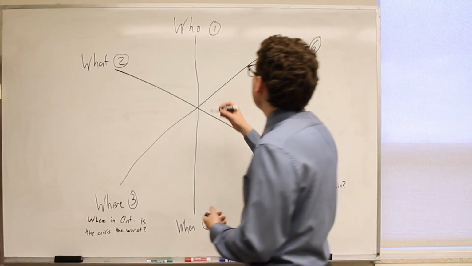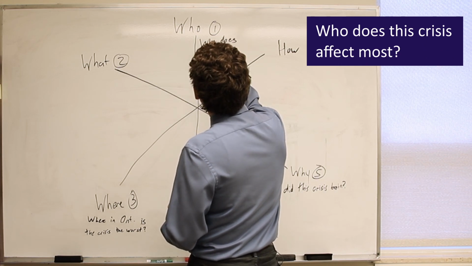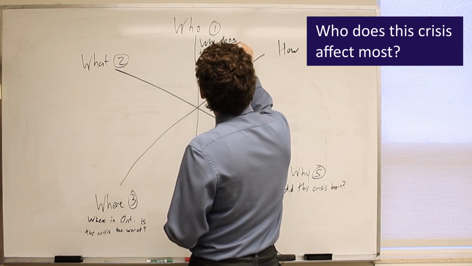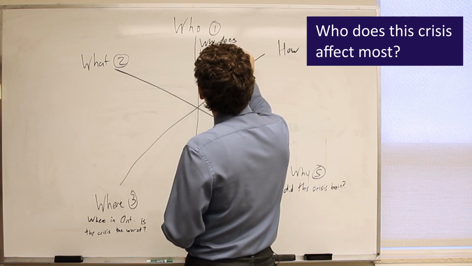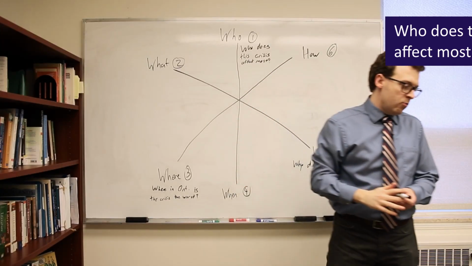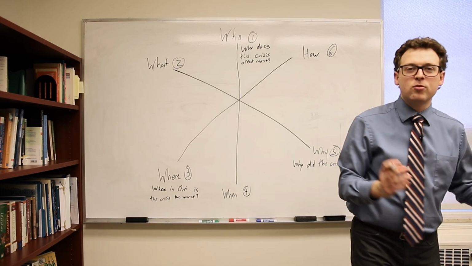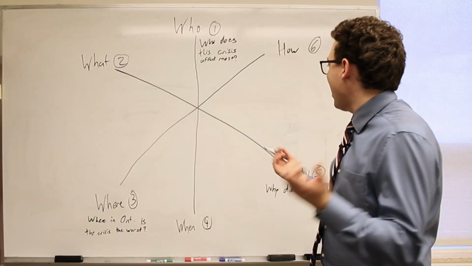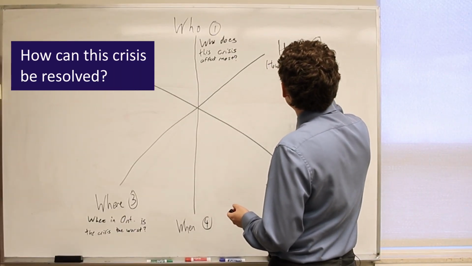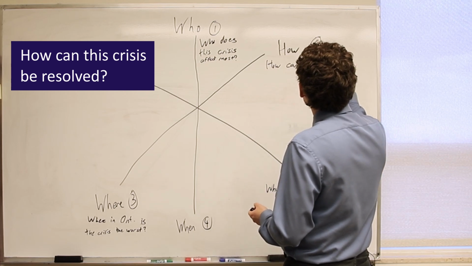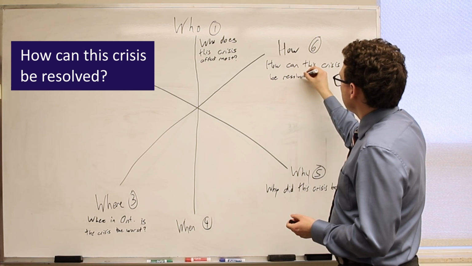So maybe we say, who does this crisis affect most? Right? And then we are going to roll another time. This time we've got a 6. Man, I'm so glad this is working out. 6 is how. So maybe we ask, how can this crisis be resolved?